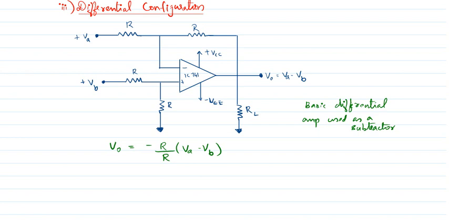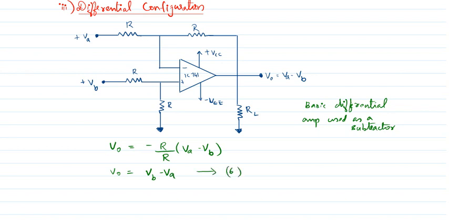The input signals can be scaled to a desired value by selecting appropriate values for the external resistors. When this is done, the circuit is referred to as a scaling amplifier, and we can write V0 equal to VB minus VA. This is equation number 6.